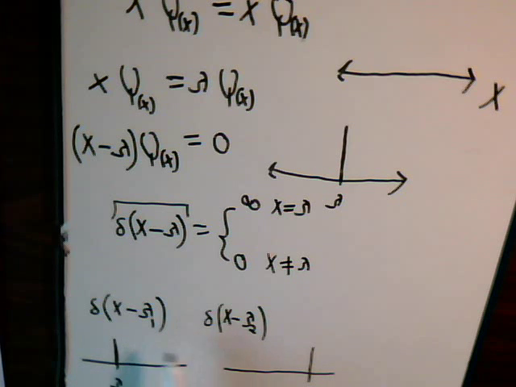Then when I have this one times this one, where I have the spike for this one is 0, so I'm multiplying this by 0. So if we're multiplying two different eigenfunctions together, and lambda 1 does not equal lambda 2, it comes out 0. So they do satisfy orthogonality requirements for the Hermitian operator.